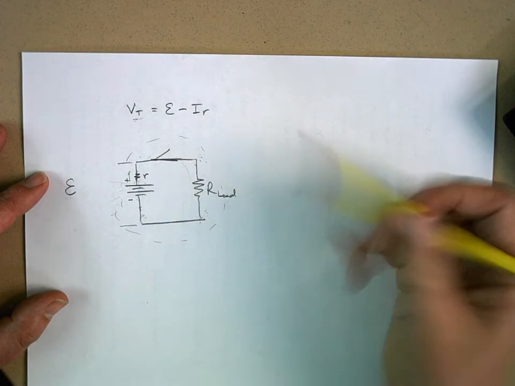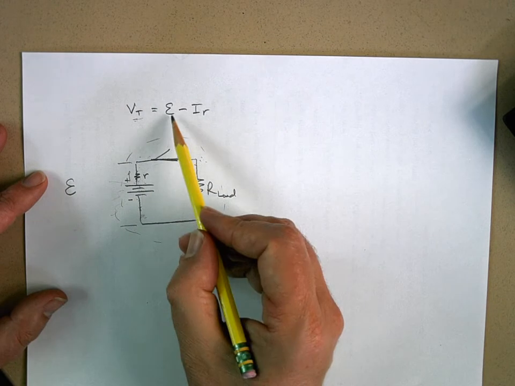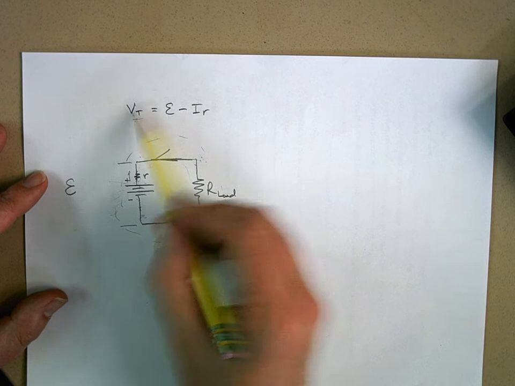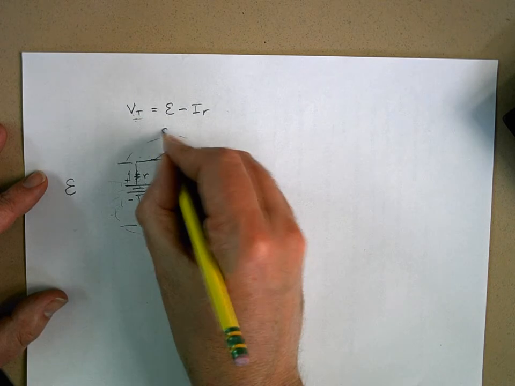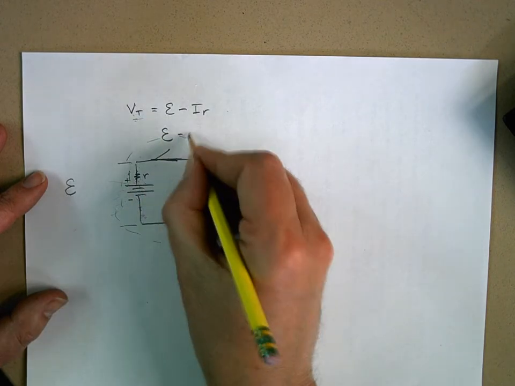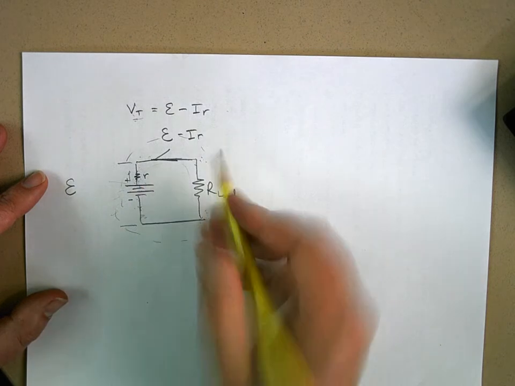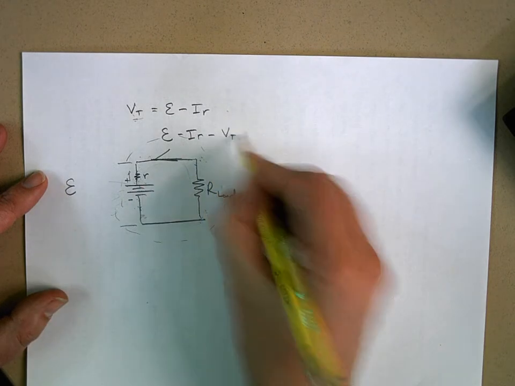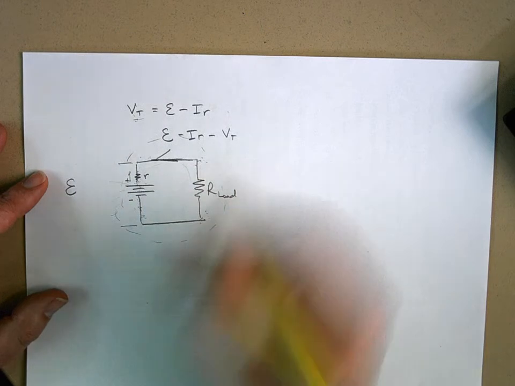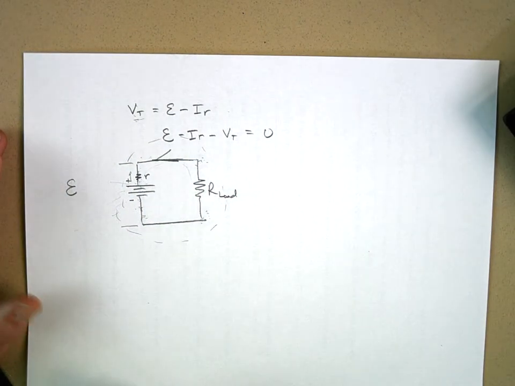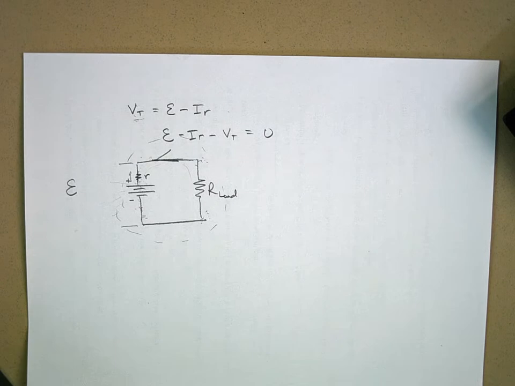So like if I rearrange this equation, if I put this over here, the EMF of the battery minus the voltage drop across the internal resistance, minus the terminal voltage, or the voltage drop across the load, oh, we're back down to zero. We're back to where we started. So that's kind of a loop rule that we learn later on when we study Kirchhoff's rules.